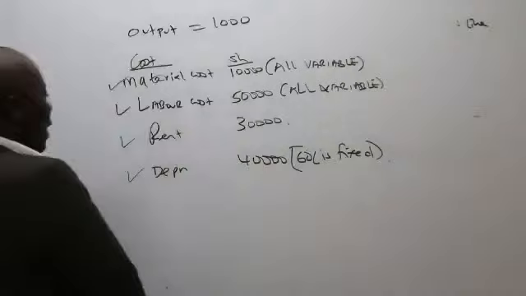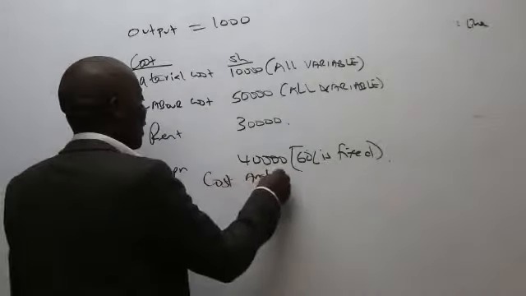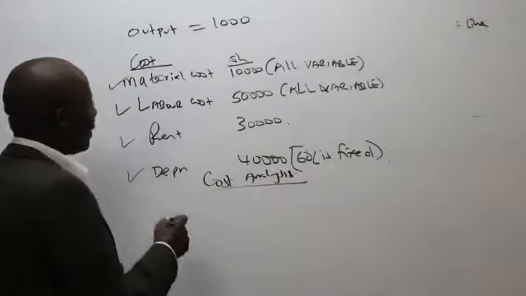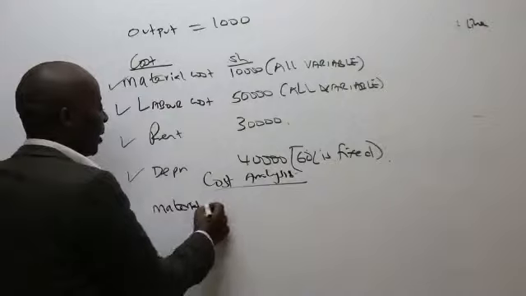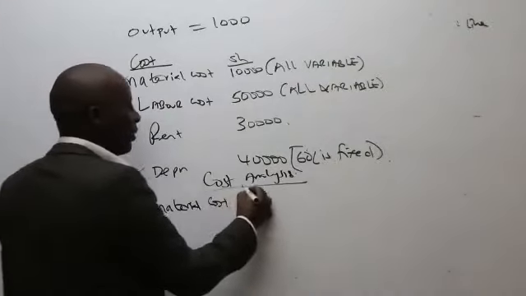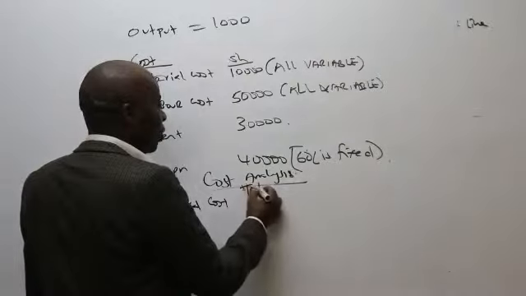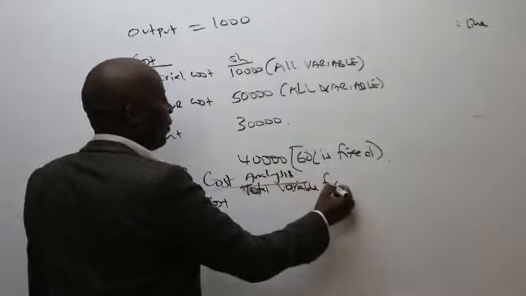I will come here and do a cost analysis. I have my cost items. I'll have my materials written very well here. Then I'll have a column here for total first, then variable, then fixed.